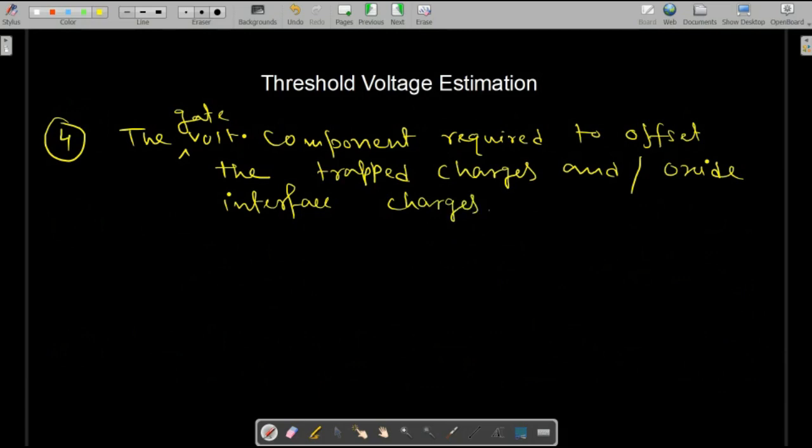So actually, what is trapped charge or what is oxide interface charge? Now see, when the MOSFET is fabricated, that means when we are going to deposit the oxide layer by using oxidation, there are different techniques to form the oxide layer. There is a dry oxidation technique, there is a wet oxidation technique, etc. Different techniques are there, and you will study that in your VLSI technology subject.